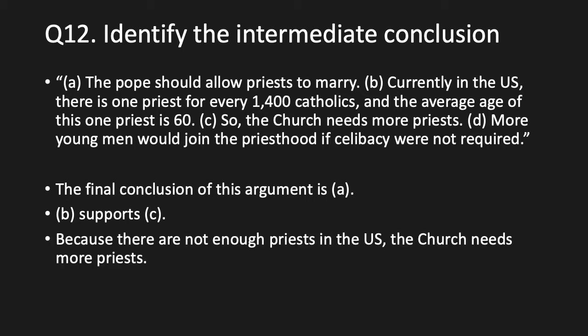So because there are not enough priests in the US, the church needs more priests. Right? So, B supports C. Okay? So, the final conclusion is A, and C is supported by B. Hence, C is an intermediate conclusion.